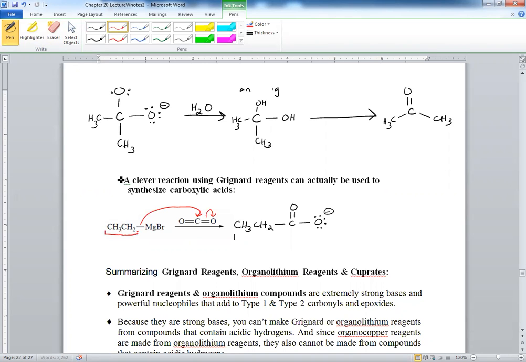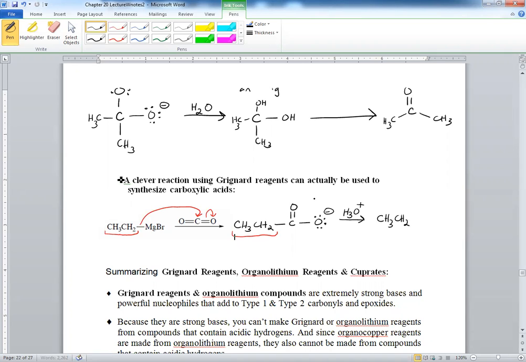So this is this right there, the ethyl. All right, so then the next step would be to add an acid to protonate this.